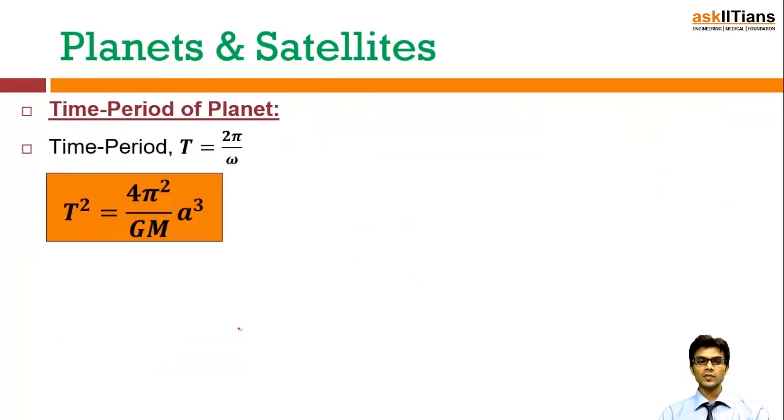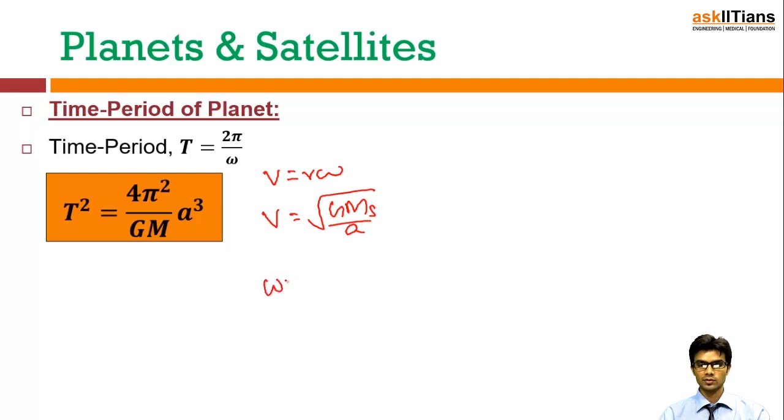Now the time period of the planet. We know that time period is equal to 2 pi by omega, and v is equal to r omega, and we know from the previous slide that v is equal to under root G Ms by a. So we can find omega.